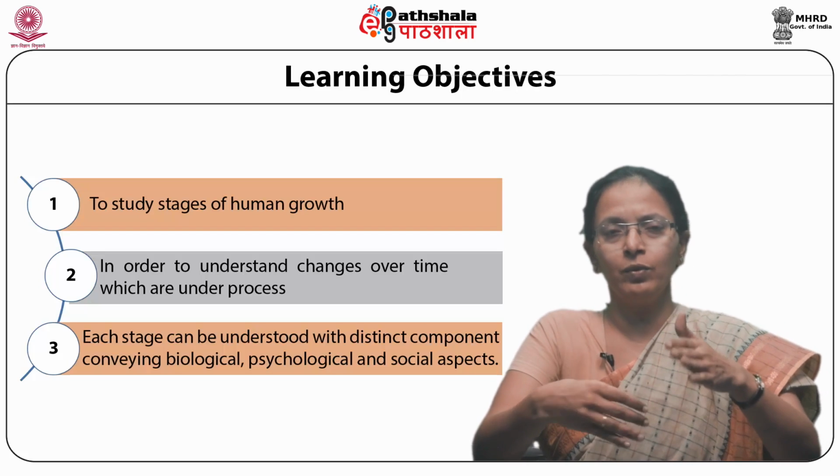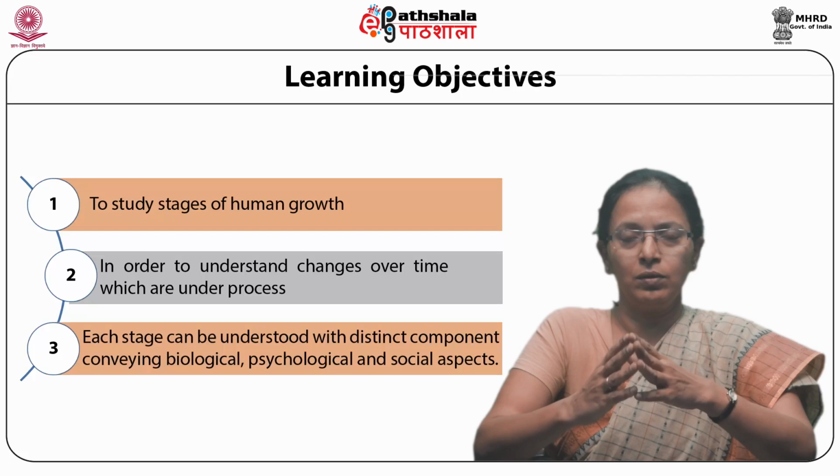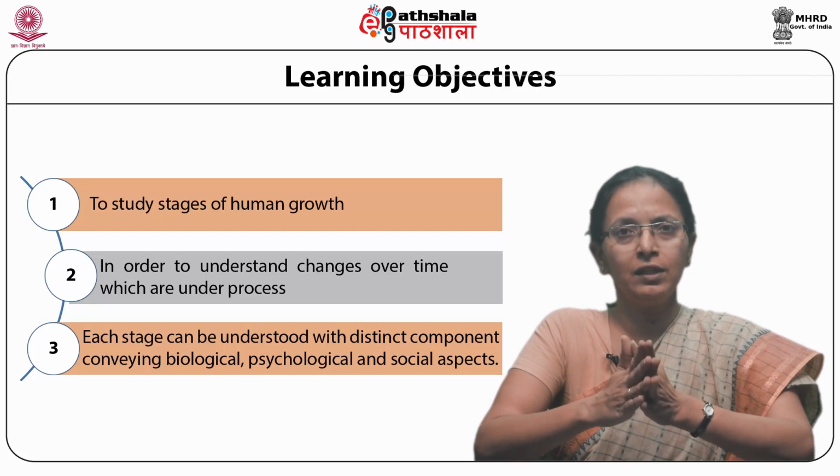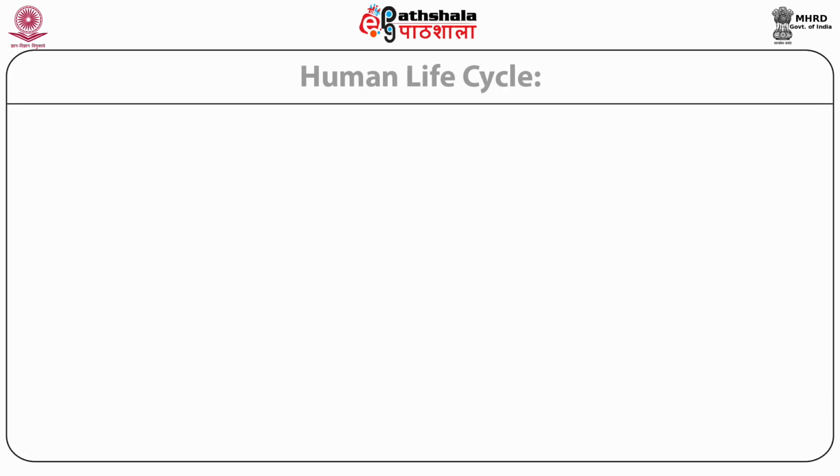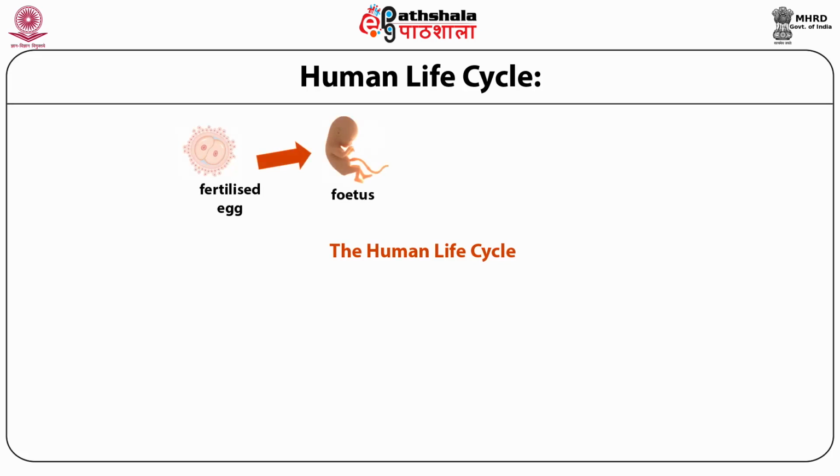So let's begin with the first stage of the human life cycle, the prenatal stage. As we can see, this is a pictorial representation of the human life cycle. The human life cycle is said to begin with fertilization, and the fertilized egg gives rise to the fetus.